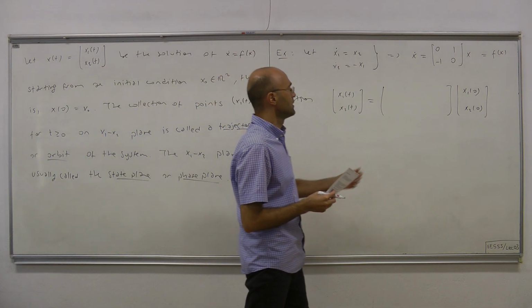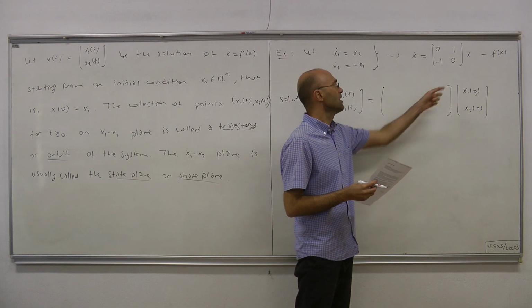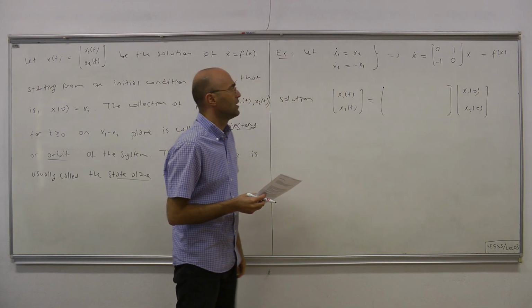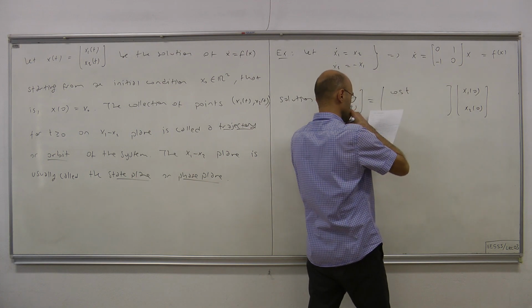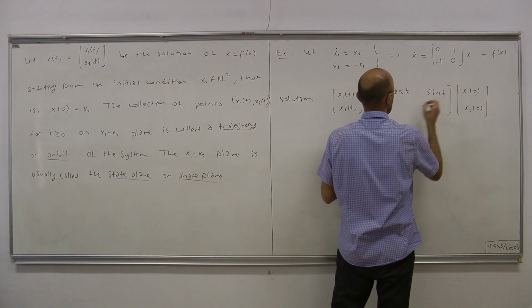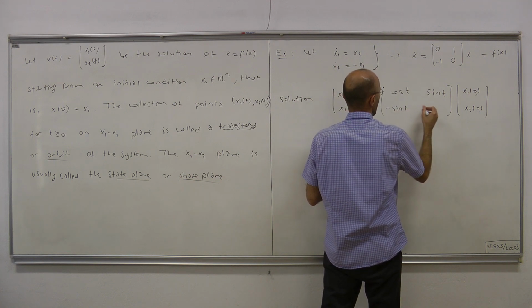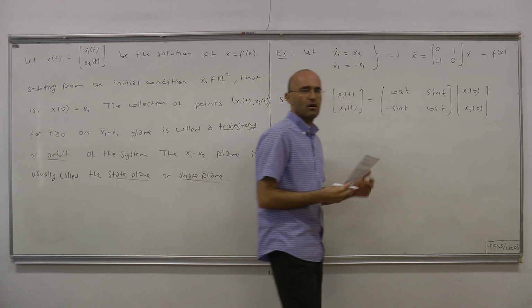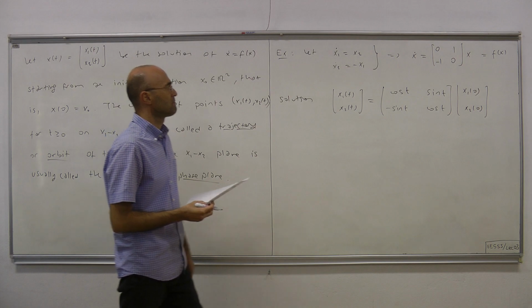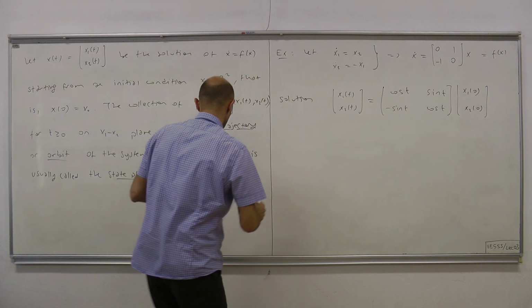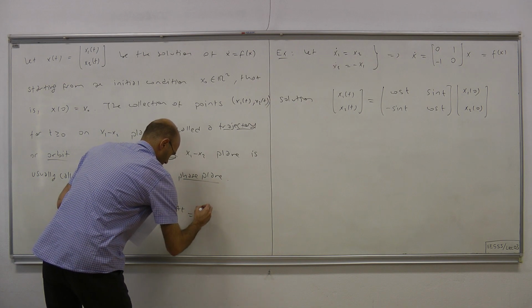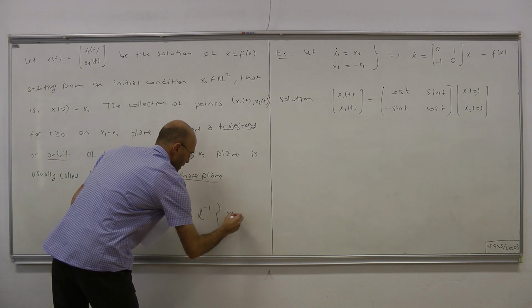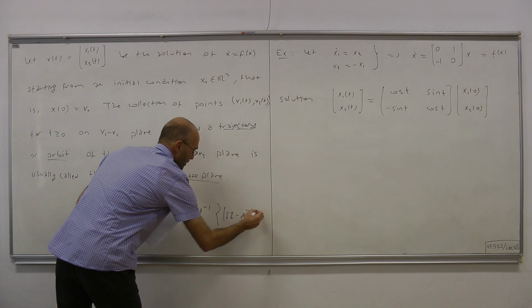And if you compute this matrix exponential e to the At for this particular A matrix, it turns out to be cosine t, sine t, minus sine t, cosine t. Okay. One way to compute it is the inverse Laplace transform of (sI minus A) inverse.